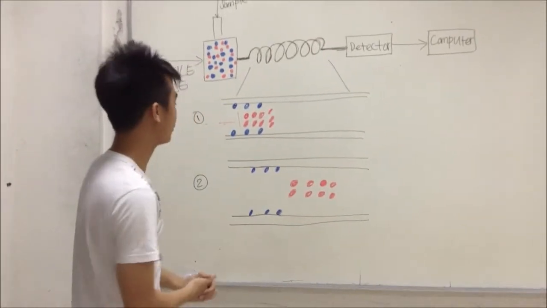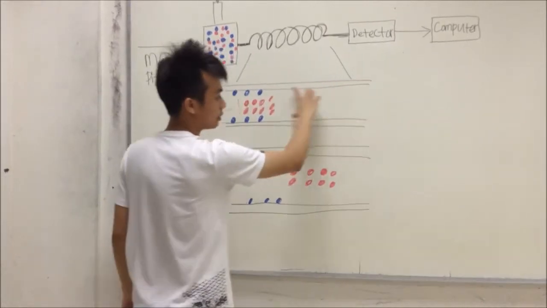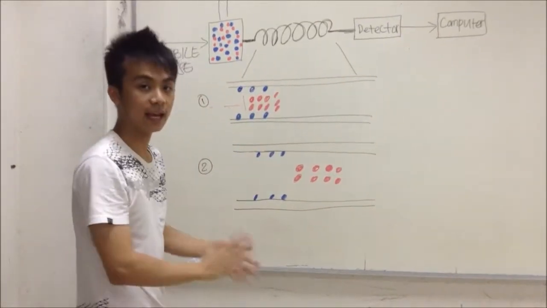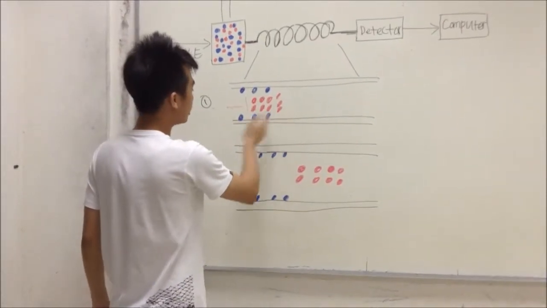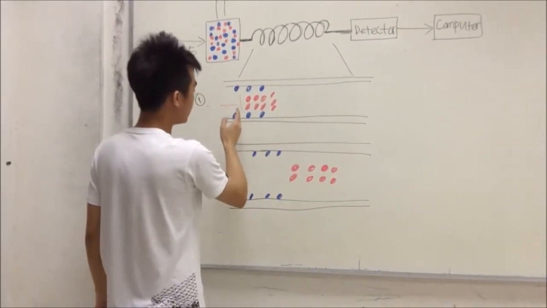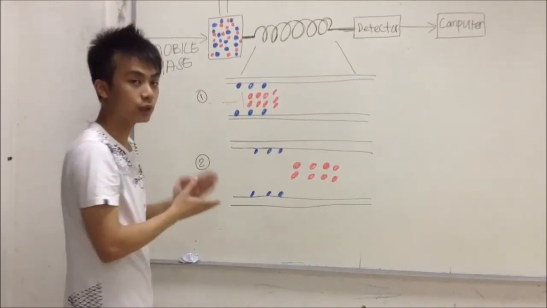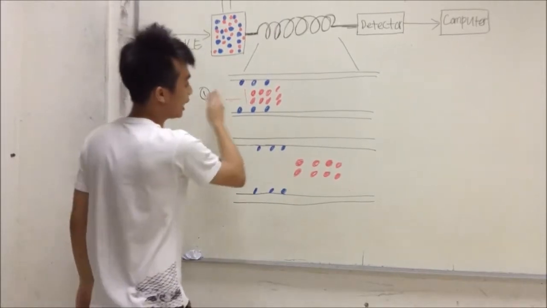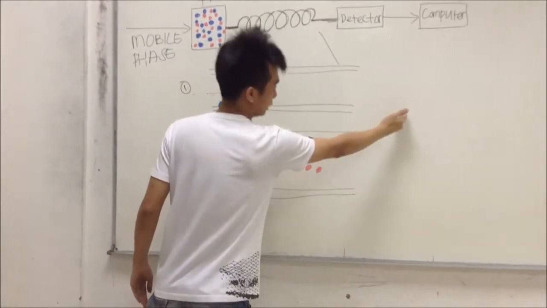As we can see, there is a liquid coating on these two surfaces, which serves as the stationary phase. Compound A and compound B will be pushed by the mobile phase, which we call the analyte, to the end of this coil and then to the detector.